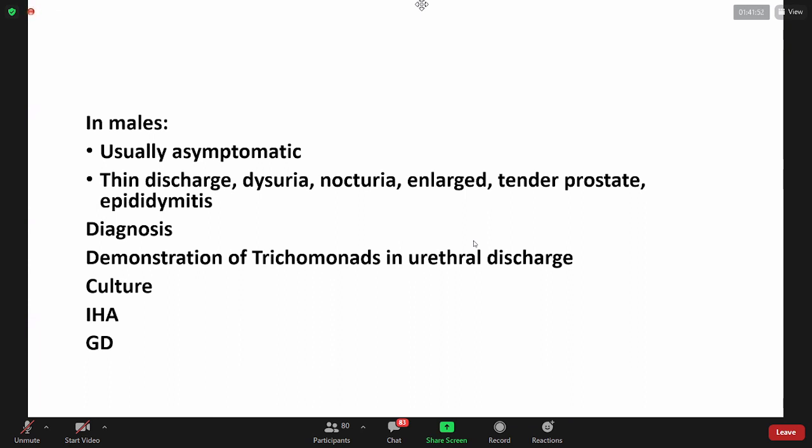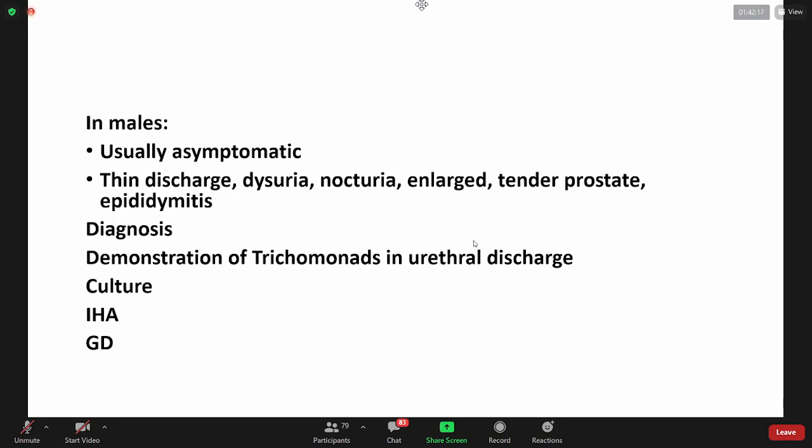In males, it is usually asymptomatic, although there may be a thin discharge, dysuria, nocturia, enlarged tender prostate, and epididymitis.